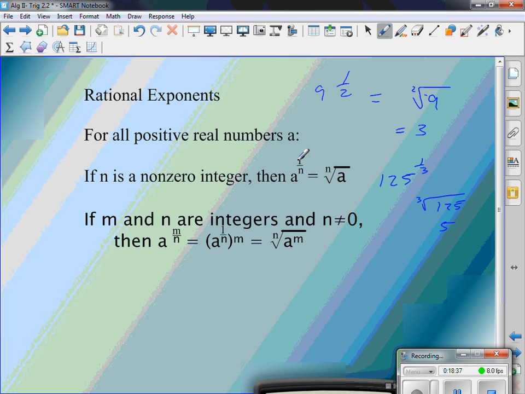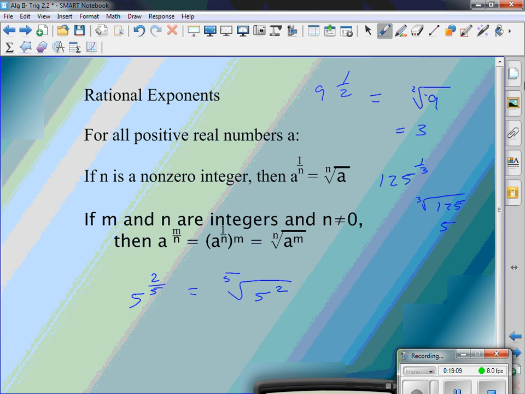That number on the top goes on the inside of the radical. So if I had 5 to the 2/5, this actually means the 5th root of 5 squared.